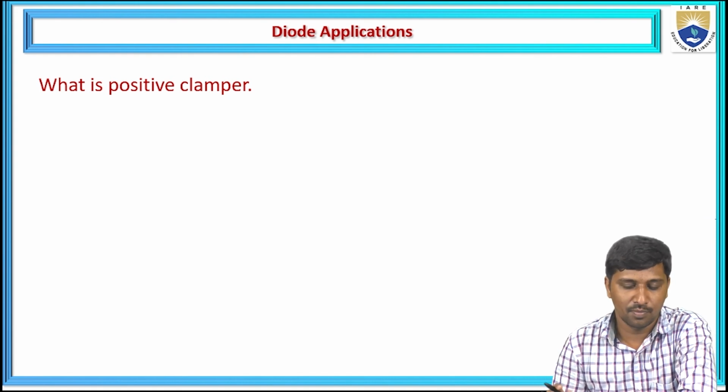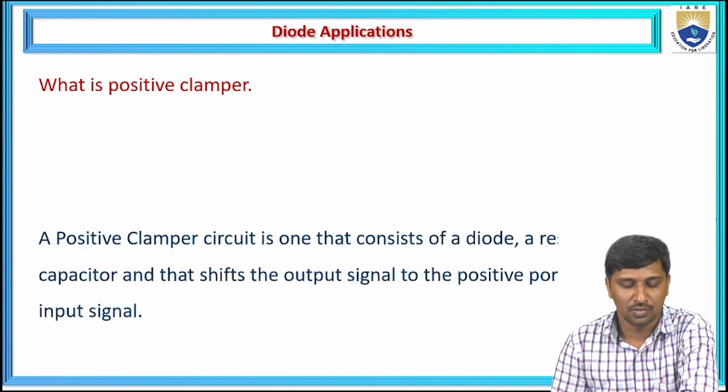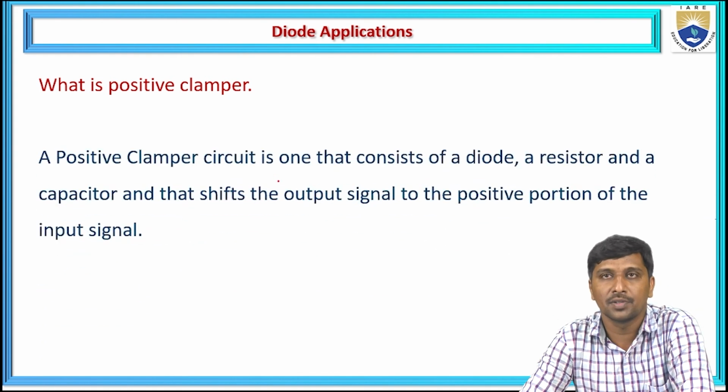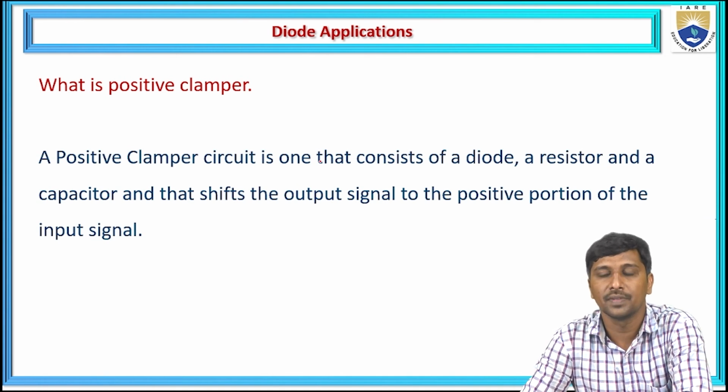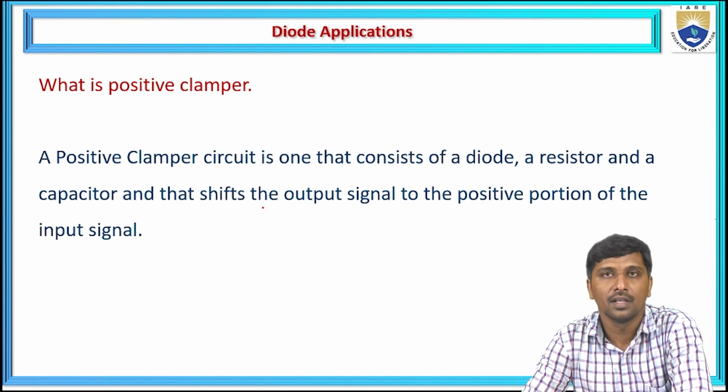Now what is a positive clamper? A clamper circuit is designed with a diode, a resistor, and a capacitor. In the positive clamper, the entire DC signal is shifted to the positive portion of the given input signal.